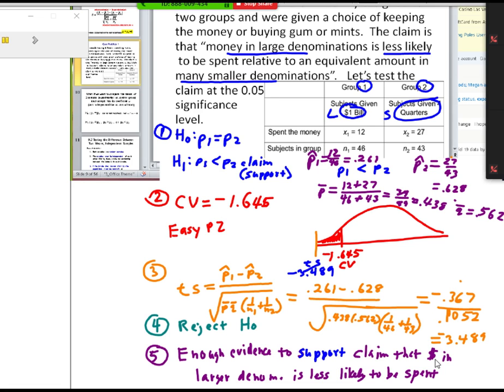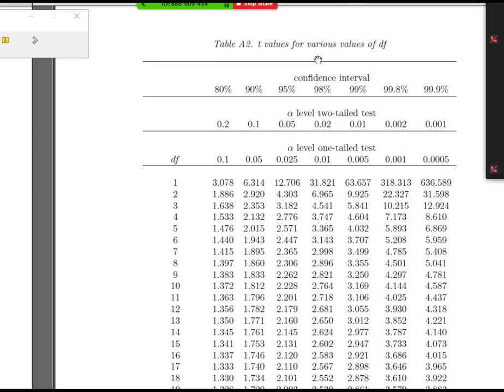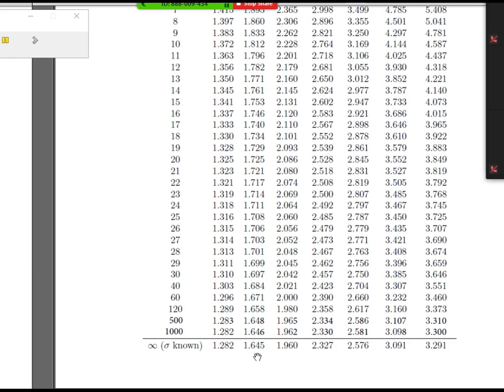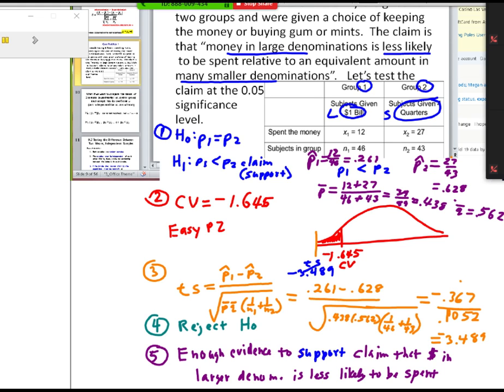So I'm going to go to my T table, and it's one-tailed, 0.05, and a Z, so it's all the way at the bottom, 1.645. That's my critical value, 1.645, but it's negative because, again, it's left-tailed. So negative 1.645, shade to the left.